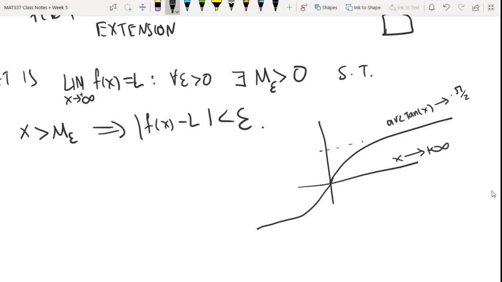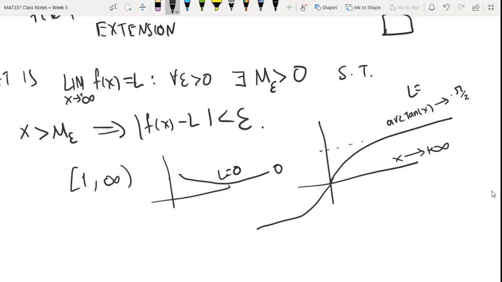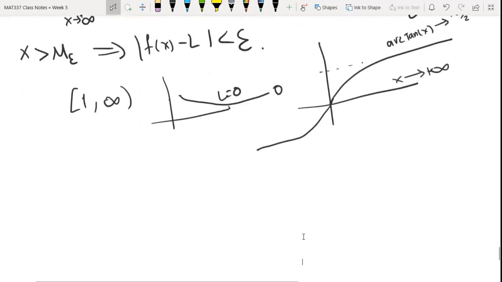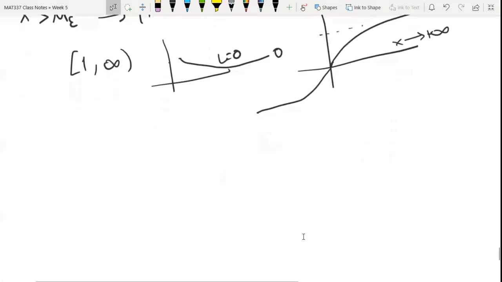We can take something like this, and then you start from 1 and you go to 0. So L is 0 and L is pi over 2. Yeah, exactly.